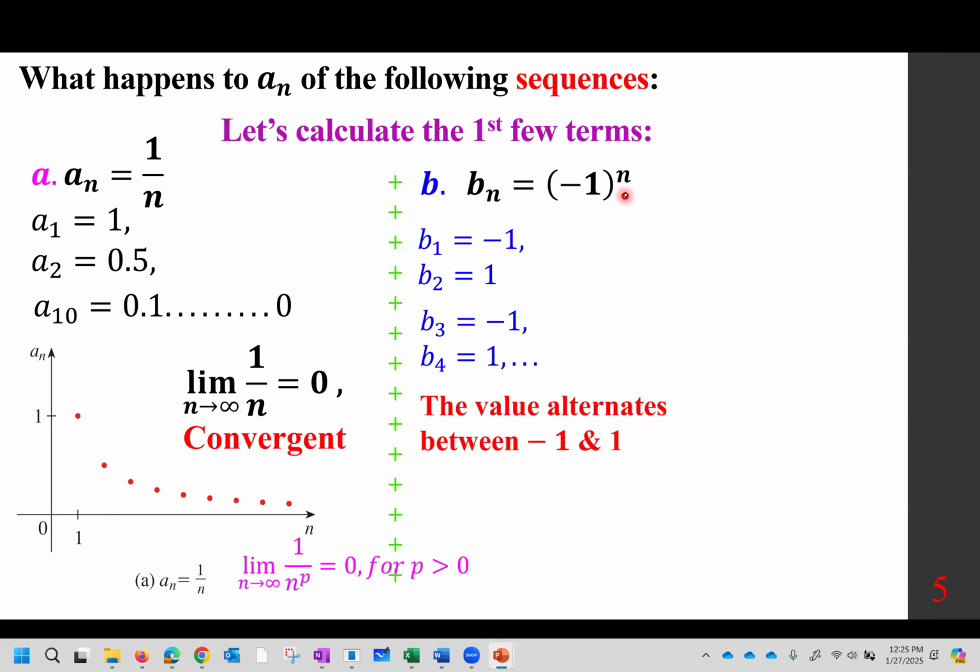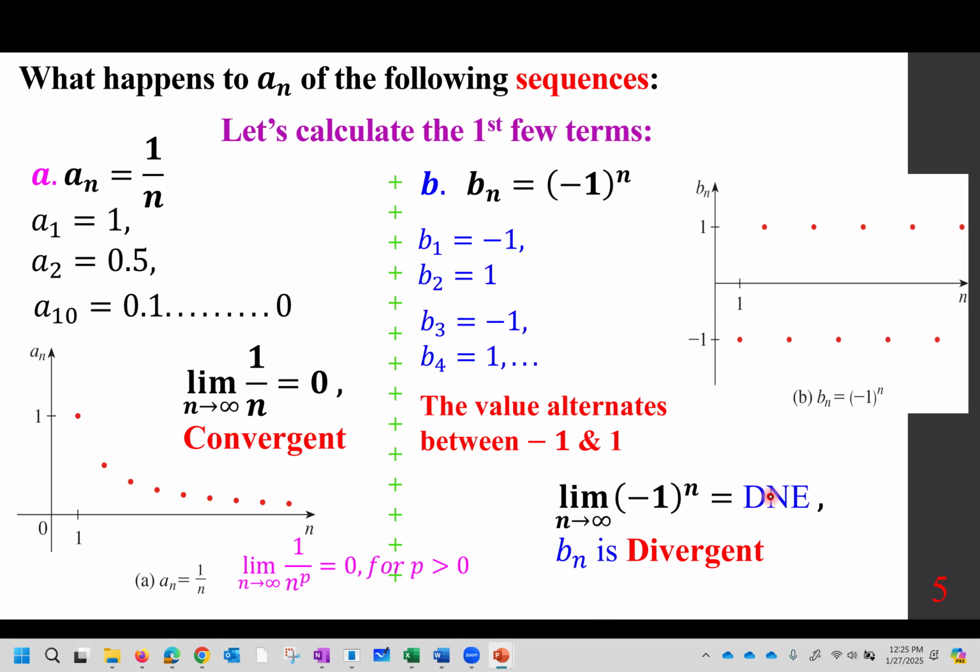It's either -1 or +1, and it alternates, which means the limit does not exist. And it makes B sub n a divergent sequence. Convergent means you have to come up with a specific number, one number and one number only. And so if you were to graph it, notice those are the numbers. They oscillate between -1 and 1. So the limit does not exist.